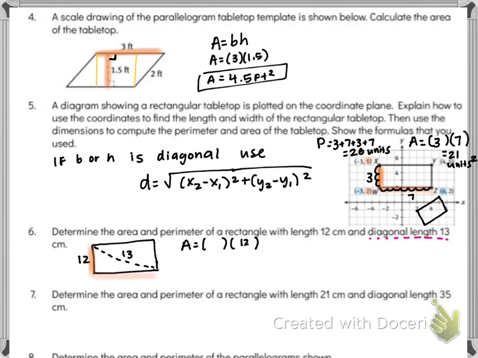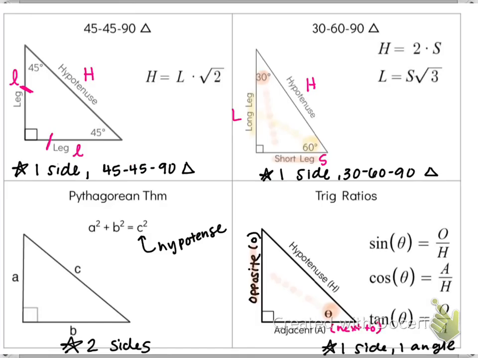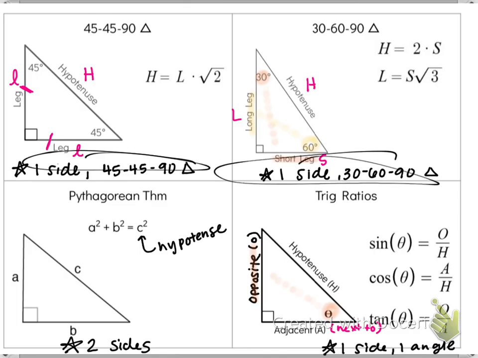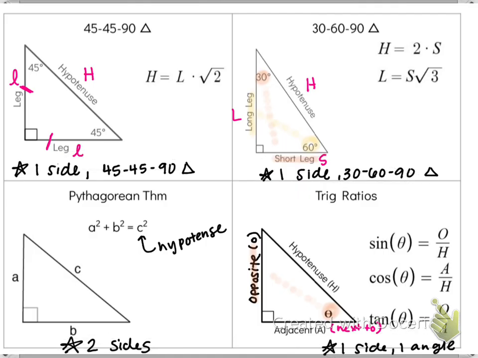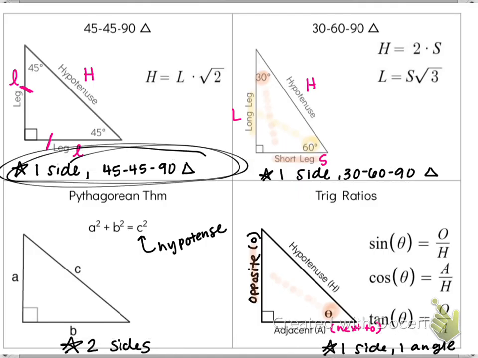Now, this is where you go back to your little sheet right here and look at your requirements, okay? And we're going to decide which one we're going to use based on those requirements. So 45, 45, 90: I need one side and 45 degrees and a 90 degree.